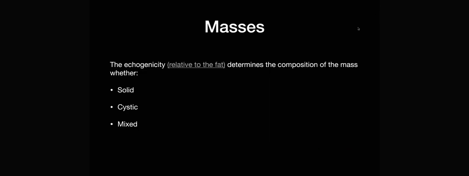The echogenicity of the mass. How do we define the echogenicity of the mass? You describe it relative to the fat, the breast fat. And when you describe it according to the echogenicity, you will know the nature of the mass, whether solid, cystic, or mixed.